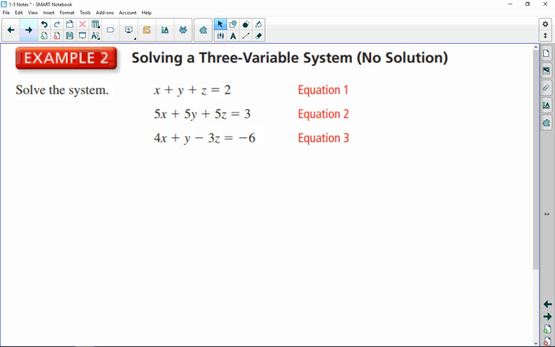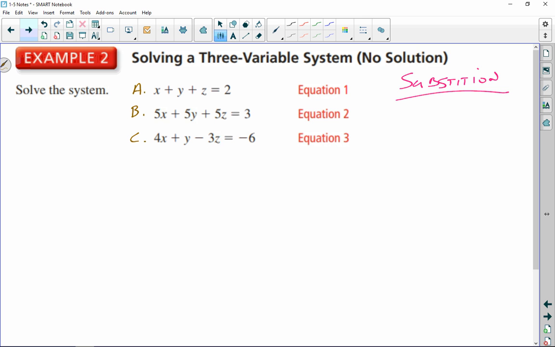Let me check something out real quick. Okay, let's do this one real quick because I might make it a little easier. Okay, there's another method that's called substitution. Now in substitution, basically what I want to do is I'm going to take one of the equations and I have to isolate.